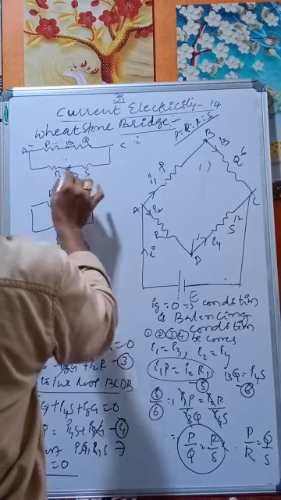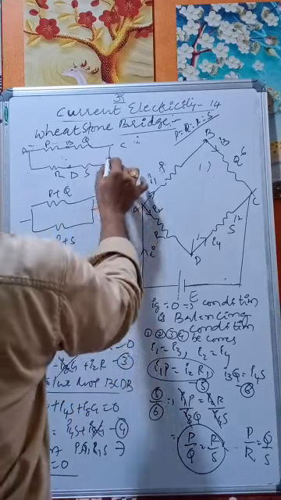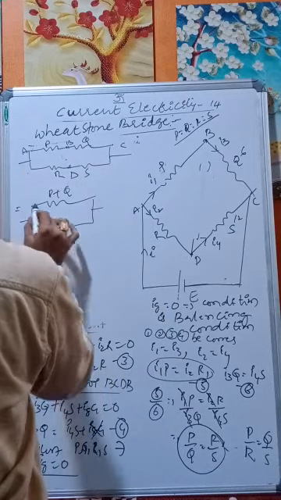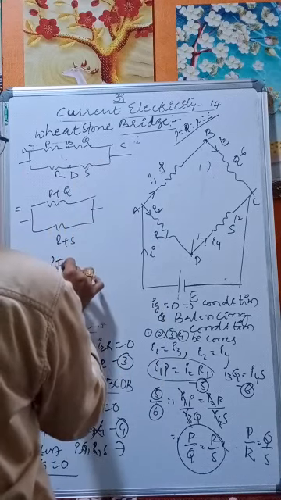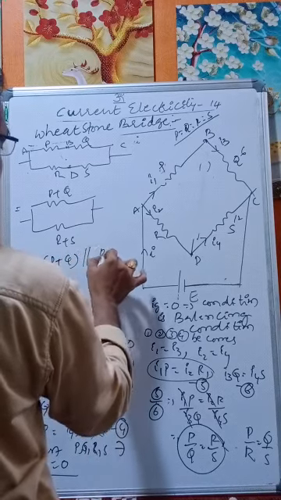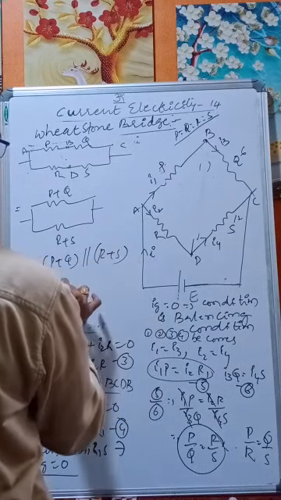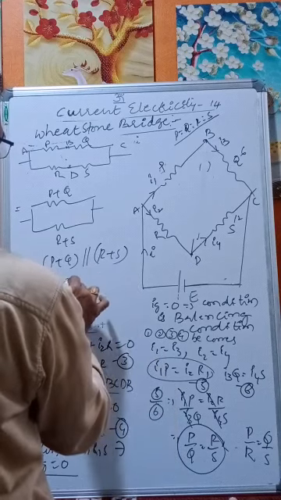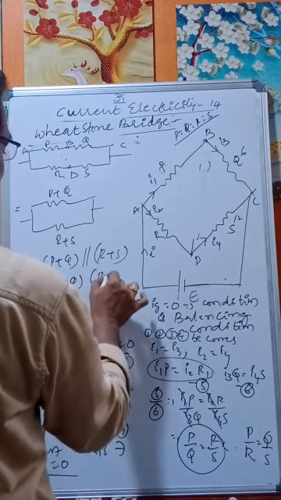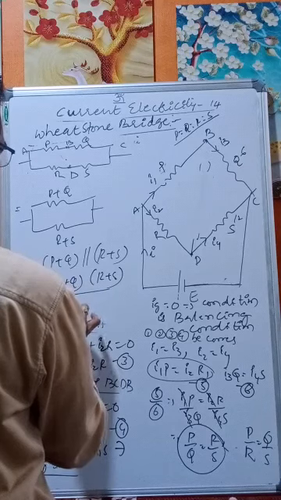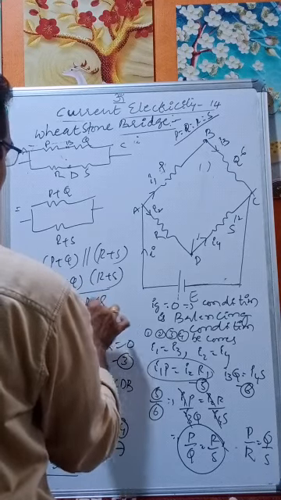These two are in series, P plus Q. And these two are in series, R plus S. Now what is the equivalent resistance? It is P plus Q in parallel with R plus S. The equivalent resistance is R1 R2 by R1 plus R2, so P plus Q into R plus S by P plus Q plus R plus S.